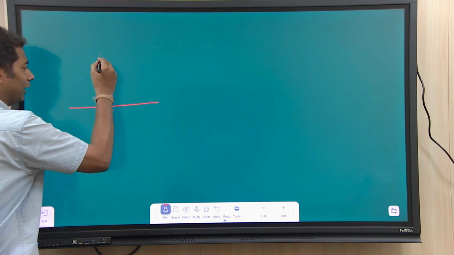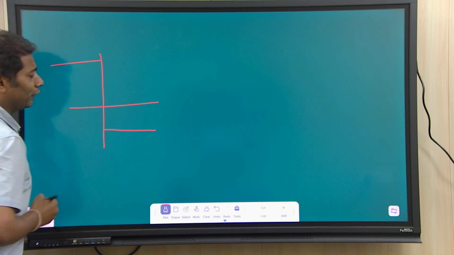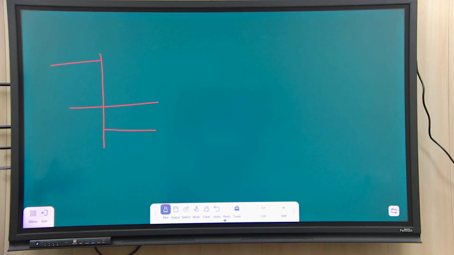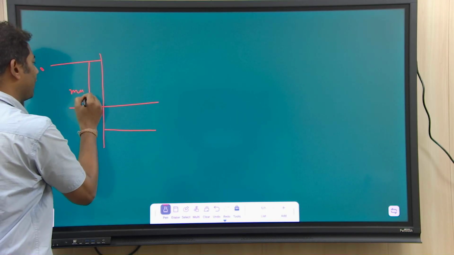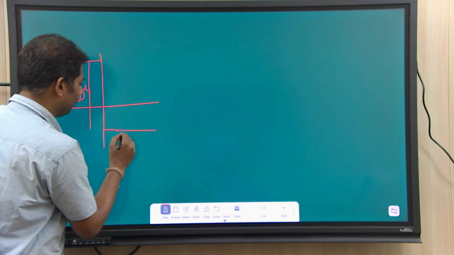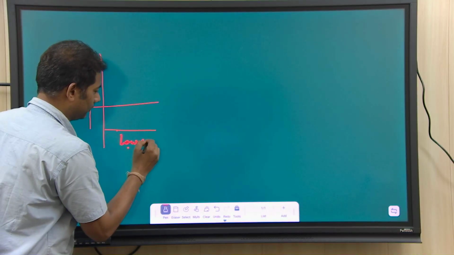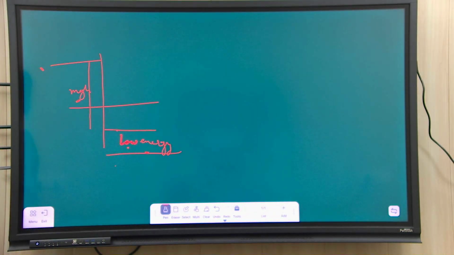What do we do? We create a wall. Due to this, a difference of water level takes place across the wall. Here, the potential energy of water is high, and here, the potential energy of water is low. By the principle of thermodynamics, everything wants to move to the lowest energy state.